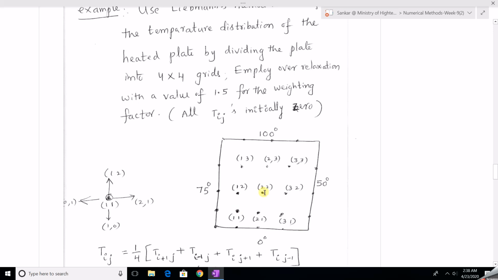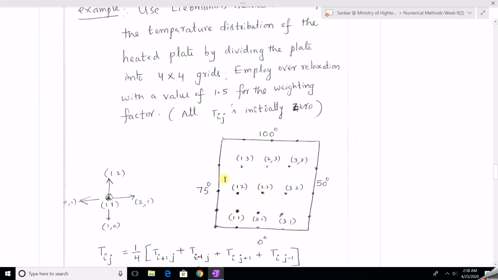So at 2, 2 the temperature is 0 because initially all are 0, and the above point also 0, and at this point the temperature is 75, and the below point, just now we got T11, we already have, so we use that value of T11 and the value of this 75, and 2, 2 and 1, 3 are zeros.